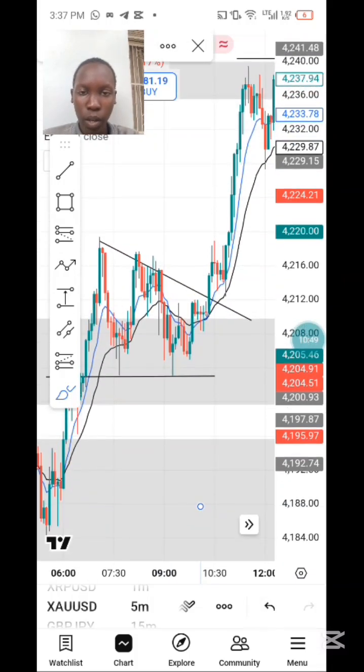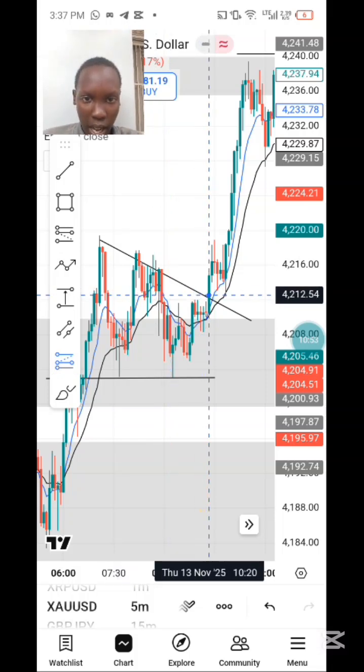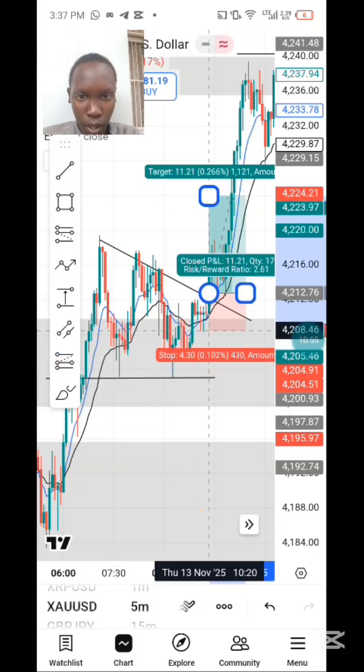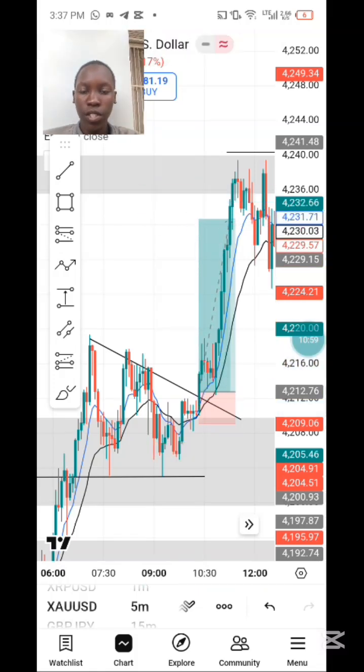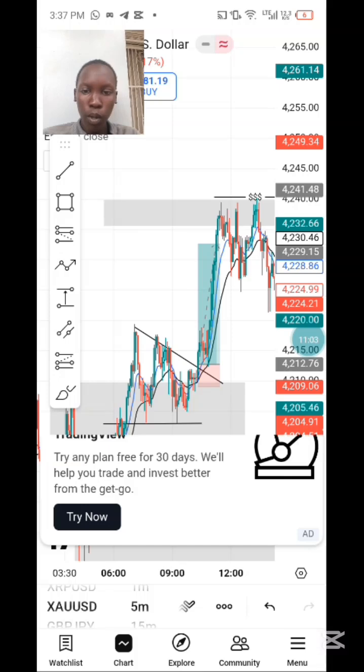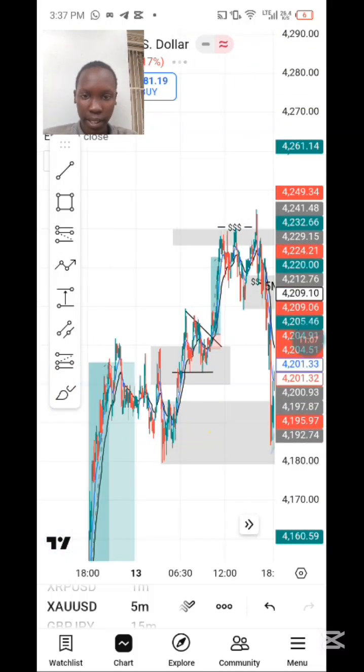So here where you are supposed to enter is to put a buy limit. After it broke this, you put it below. Aim like this, 1 to 5 risk to reward. So that's the bullish movement. Let's put one bullish movement again, then we call it a day.